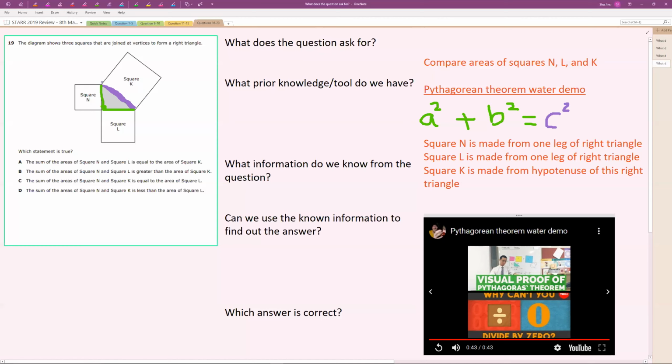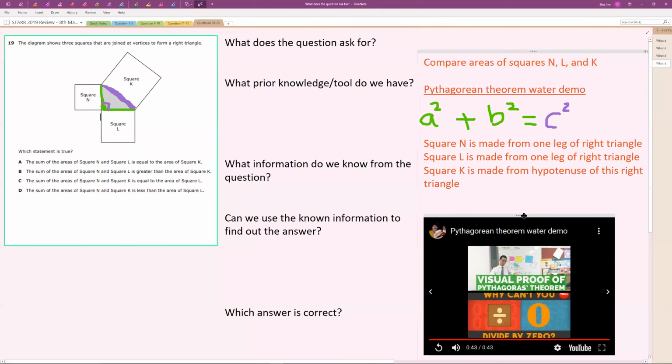So the squares of the two legs will be equal to the square of the hypotenuse, this long side across from the right angle, this 90-degree angle. That's the property of the Pythagorean theorem.